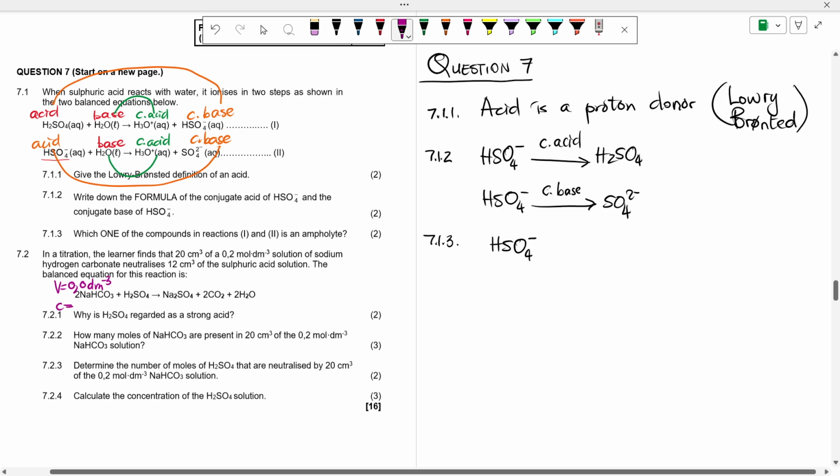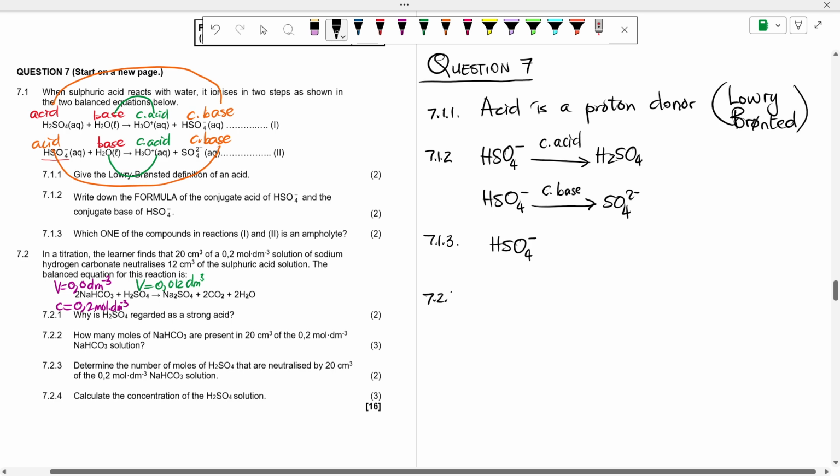Concentration 0.2 mole per decimeter cubed. And it neutralizes 12 centimeter cubed of sulfuric acid. So I go to the acid part and say volume of this already divided by 1,000 is 0.012 decimeter cubed. The balanced reaction is this form. That's good.